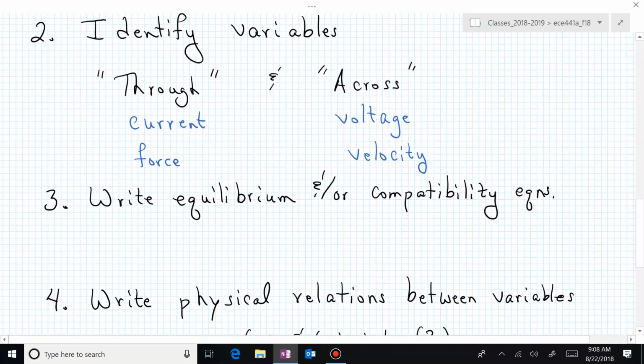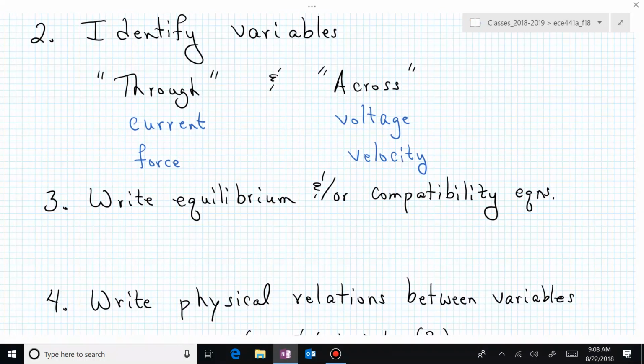Then in step 3, we write equilibrium and/or, depending on how many variables we have, compatibility equations. Do you remember an equilibrium equation in circuits? What do you do relative to nodes?